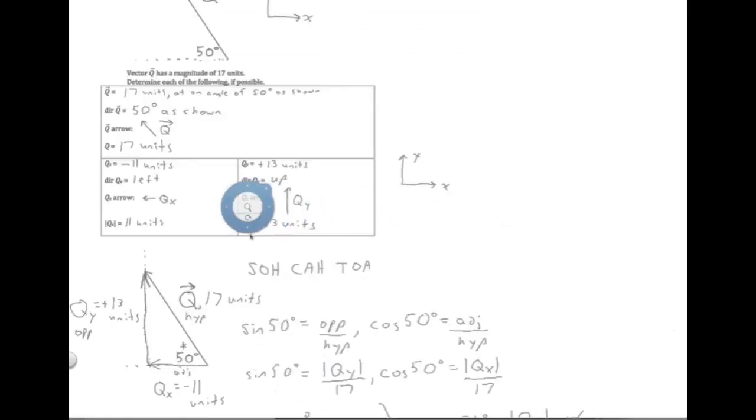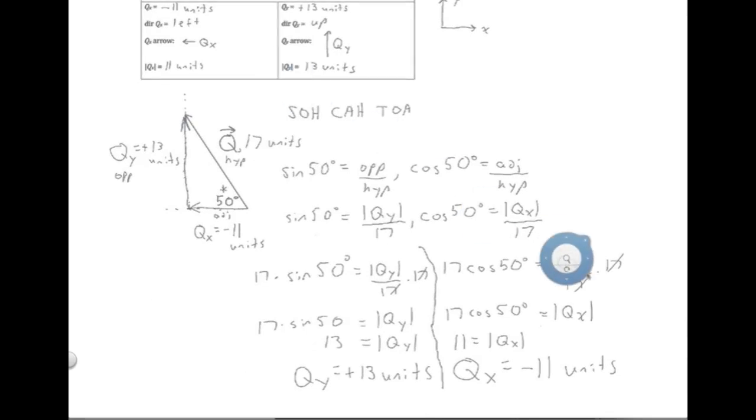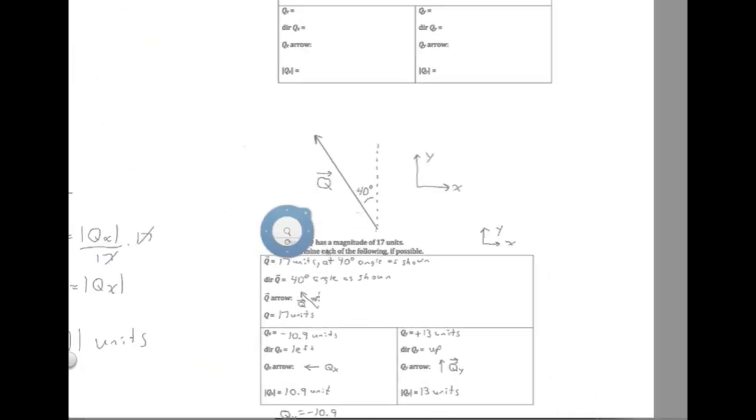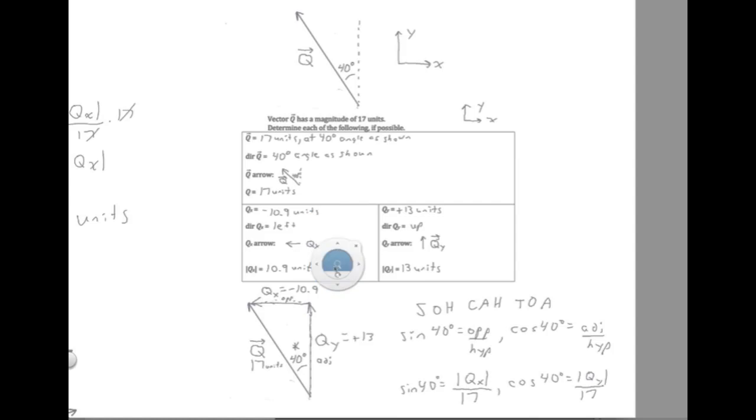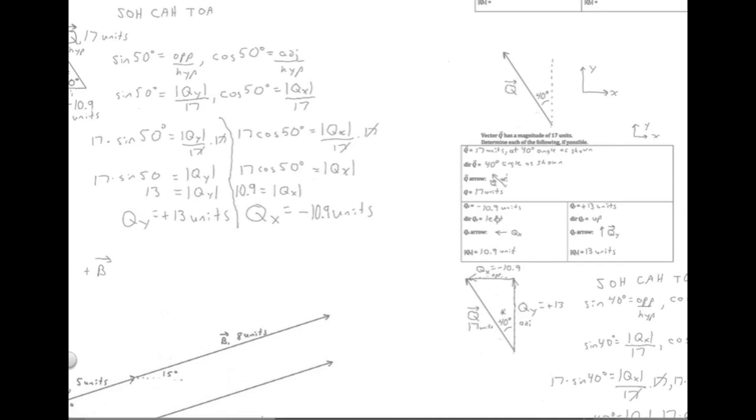Now, hopefully these are all the same answers that we got for the previous problem. Let's check. Oh, looks like I rounded differently here. Here I rounded off to 11. I should have done the same thing to make these comparable. All right, so I went back and changed the first problem, so it was rounded off to negative 10.9. So this is negative 10.9 now, and this is the same answer.